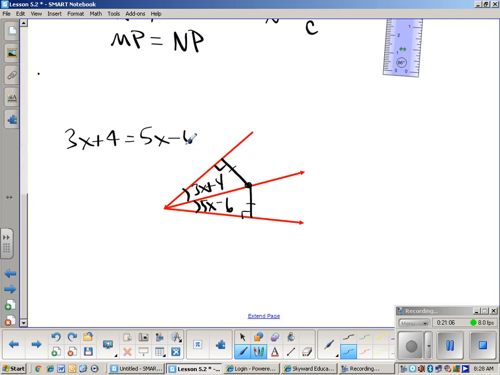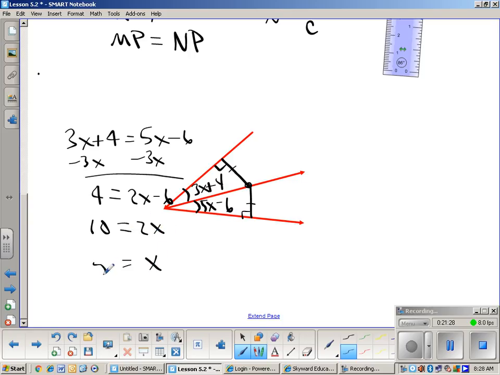And then we'd move the 3x over, subtract 3x from both sides. So I get 4 is equal to 2x minus 6. Add 6 to both sides, I get 10, right? And divide by 2, so x is 5. Okay? So if you're thinking 5, awesome job for being able to do that in your head.